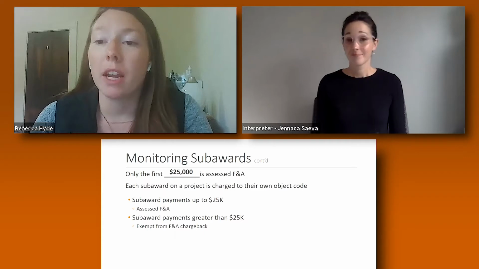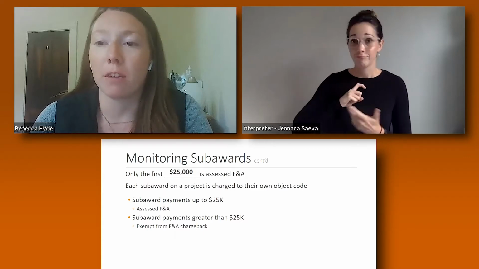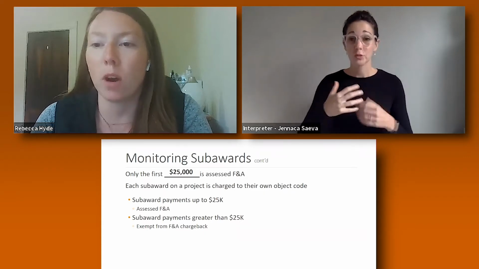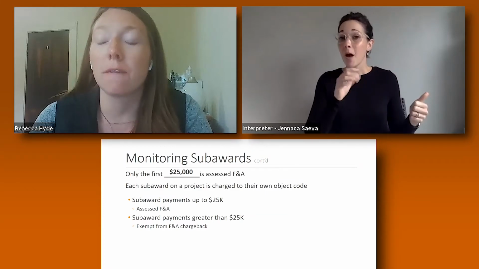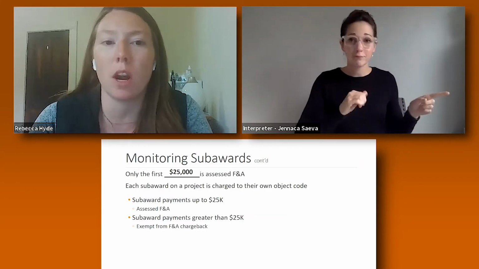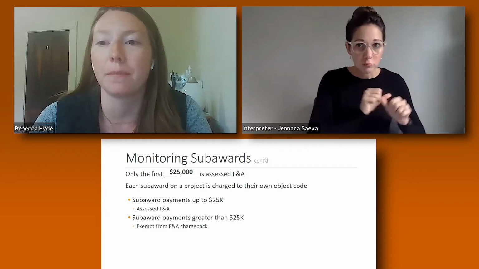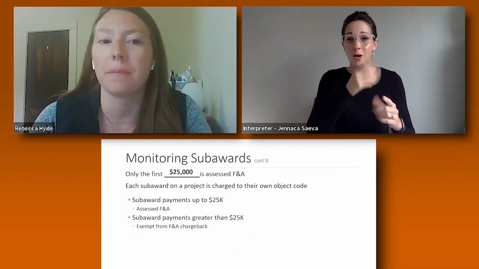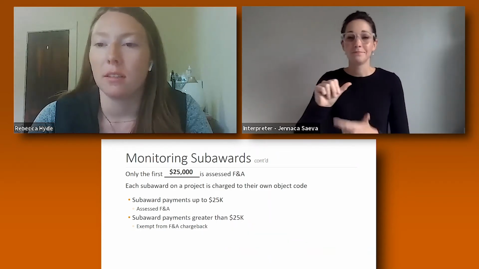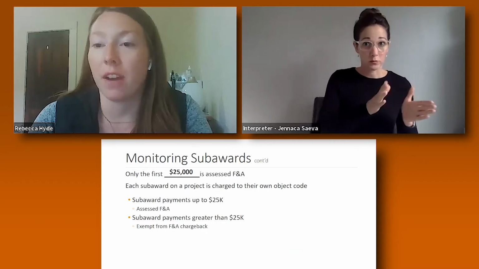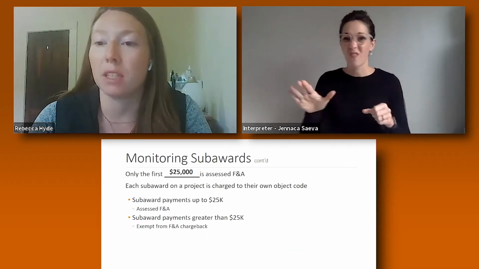So when we're awarded a grant from a federal sponsor and RIT has a subaward on that grant, the first $25,000 of the subaward is assessed F&A, that indirect cost rate. The rest of the grant is not charged that F&A rate, so you get the full amount to spend.